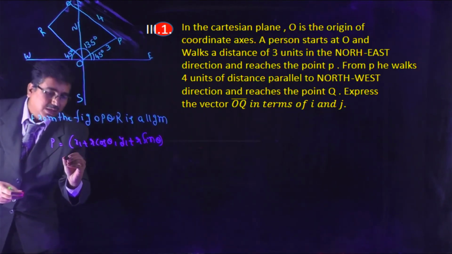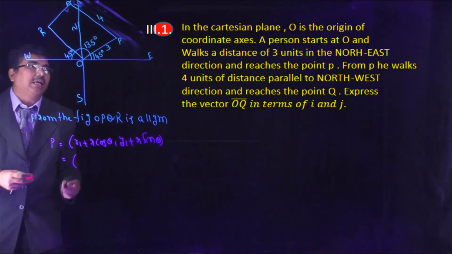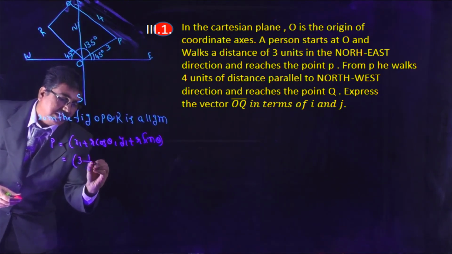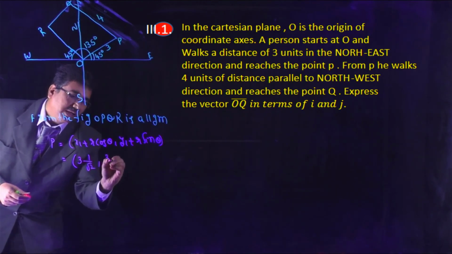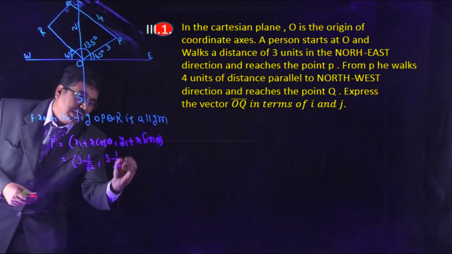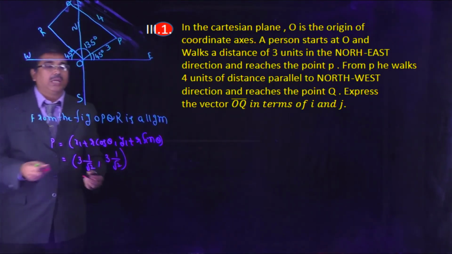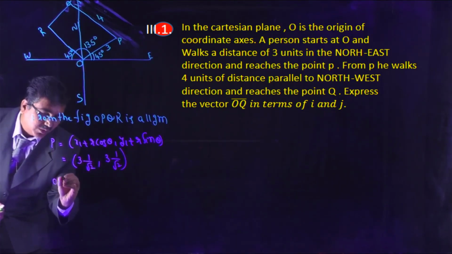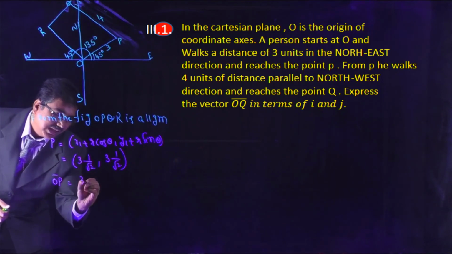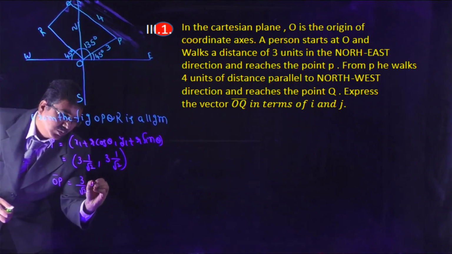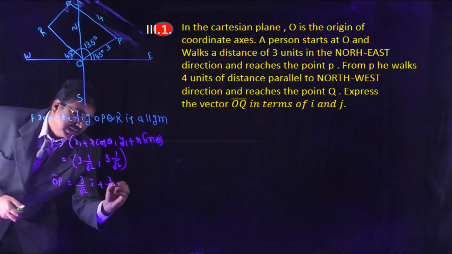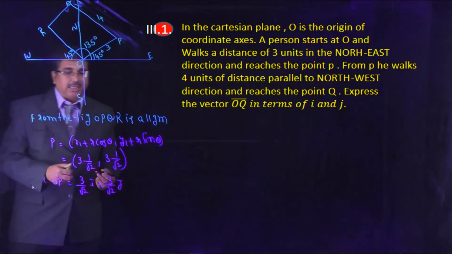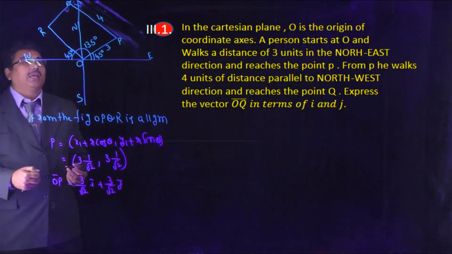Here x1 comma y1 is origin. r is equal to 3 units. Cos 45 degrees is 1 by root 2. So P is 3 by root 2 comma 3 by root 2. OP bar is equal to 3 by root 2 into I bar plus 3 by root 2 into J bar, that is OP bar. Right.